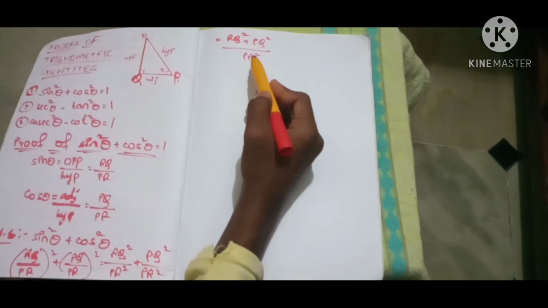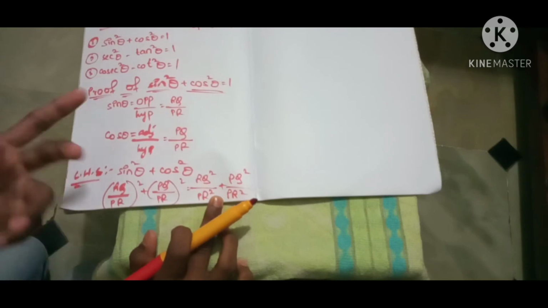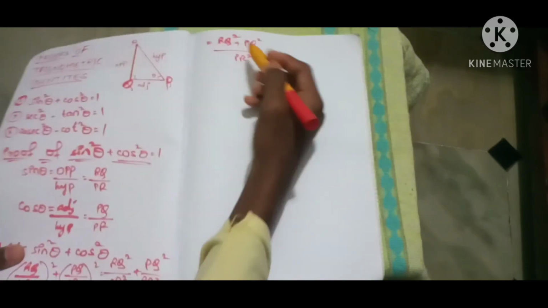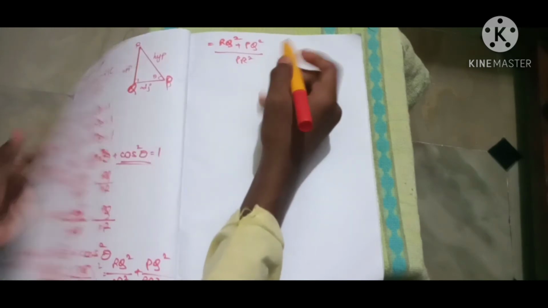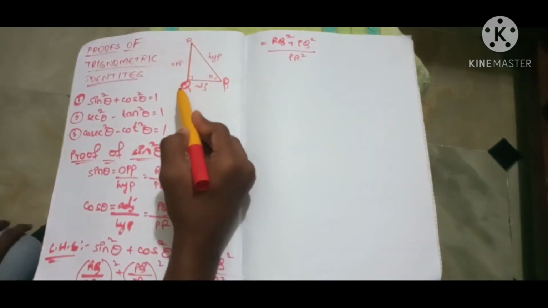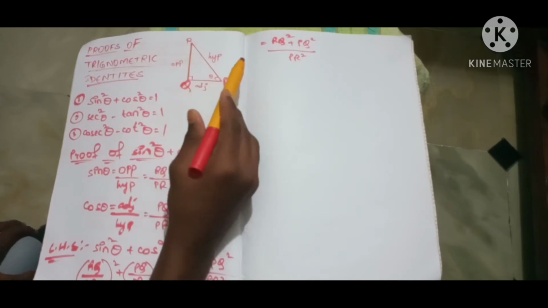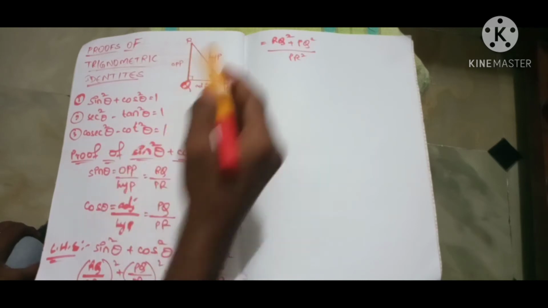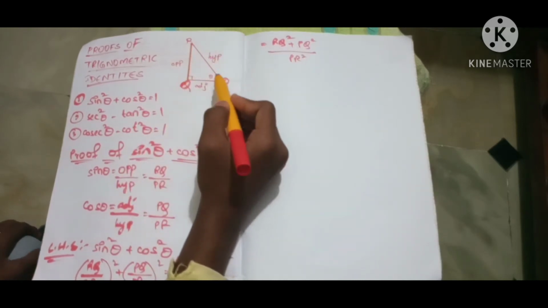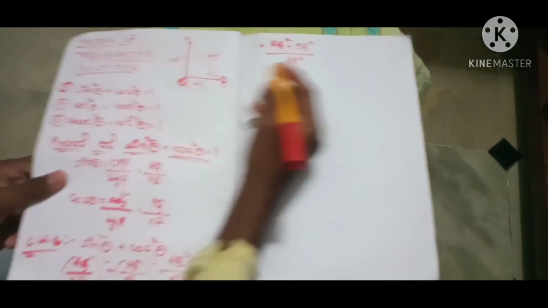According to the Pythagoras theorem, RQ square plus PQ square is equal to PR square. RQ is the opposite, and PQ is the adjacent. According to Pythagoras theorem, we know that hypotenuse square is equal to opposite square plus adjacent square. Like this, we can do that.